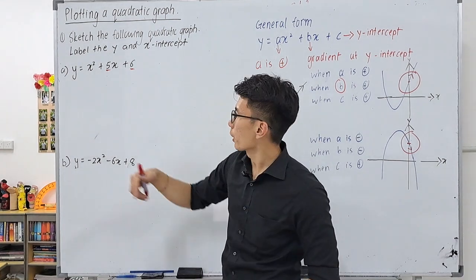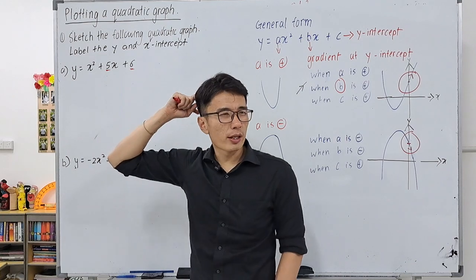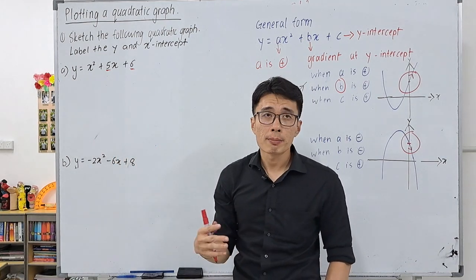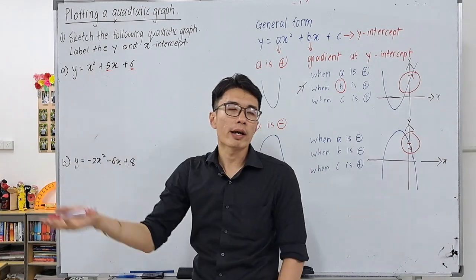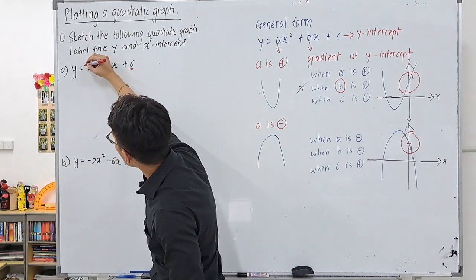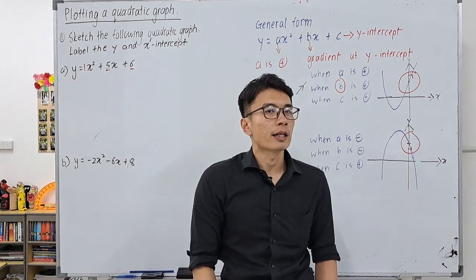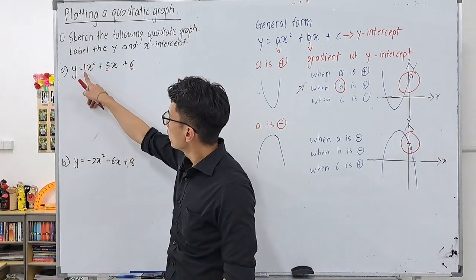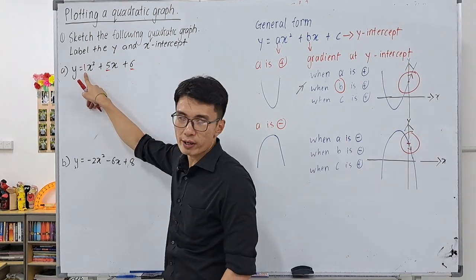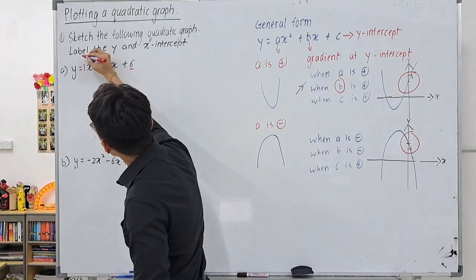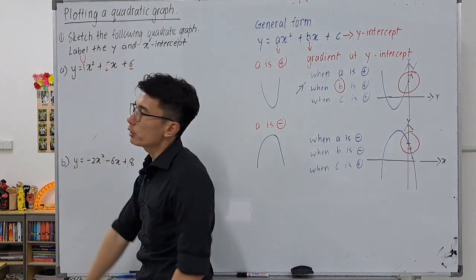So number one, let's check. Now it's x squared, so what's the value of a over here? Always do remember, if you only see an unknown without any number, there is always a 1 hiding behind there. It's always like that. Okay? So since the value of a is 1, it's a positive number, so I know that my graph will be a smiling graph.